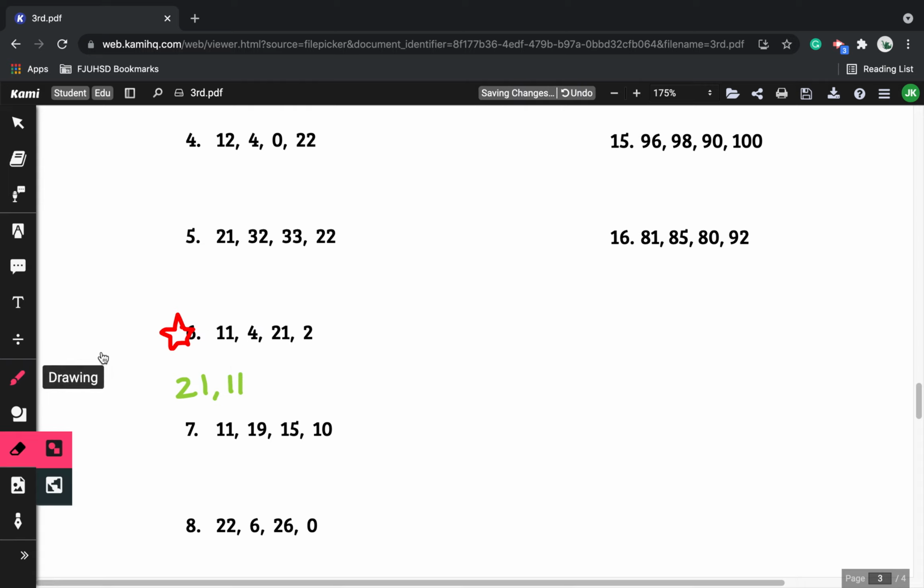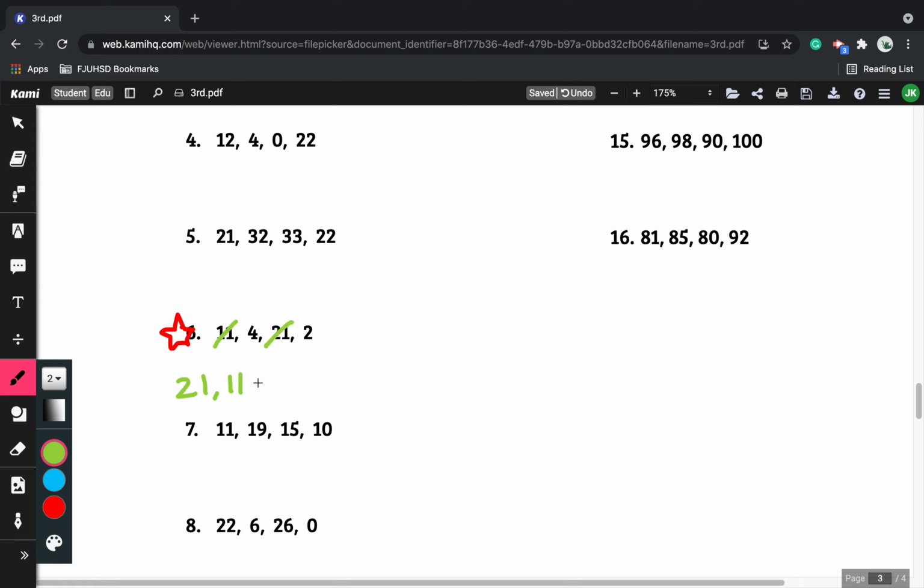Once I use a number, I'll cross it out, so it's easy to see which numbers I have left to put in order. Now, since these are only one digit numbers in the ones place, I see which one is bigger, 4 or 2. The answer is 4, and the least out of these is 2.